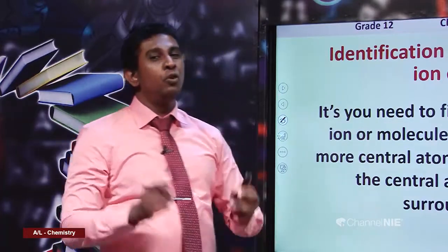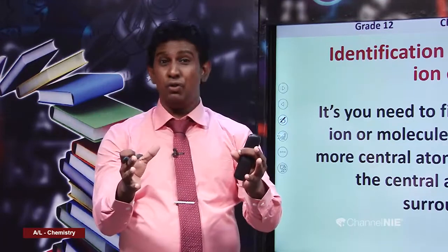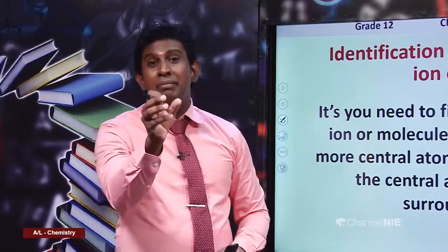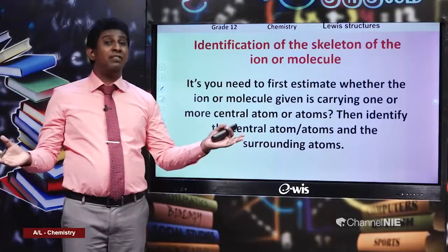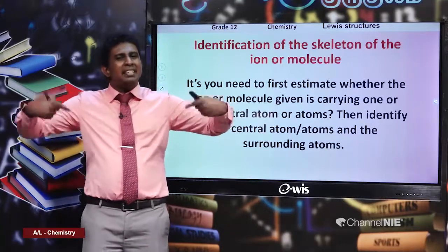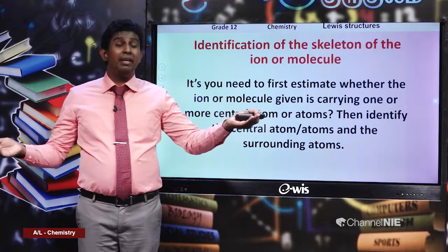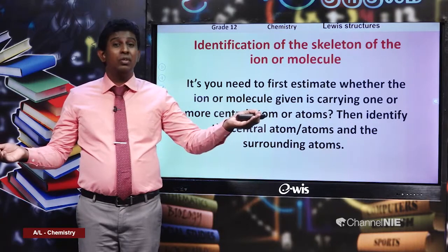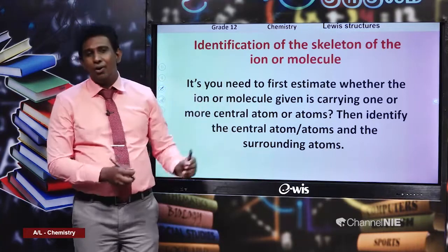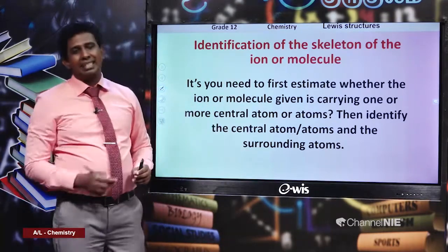Mostly you would be provided with structures, molecules or ions, with 1 atom at the mid. The mid atom is referred to as the central atom. At most of the time at our level, the provided structure could carry 1 central atom. So the skeleton would carry 1 central atom.